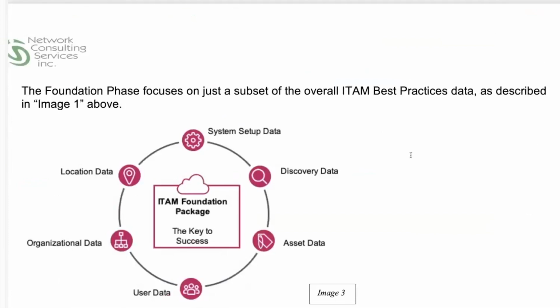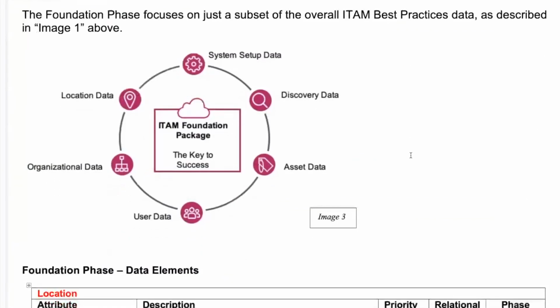This set is a subset of that larger number, and we really boiled this down to just 4 or 5 key data elements: location data, organizational data, user data, the asset record data itself, and then of course we're going to leverage that against our discovery data like Avanti EPM or Microsoft SCCM.